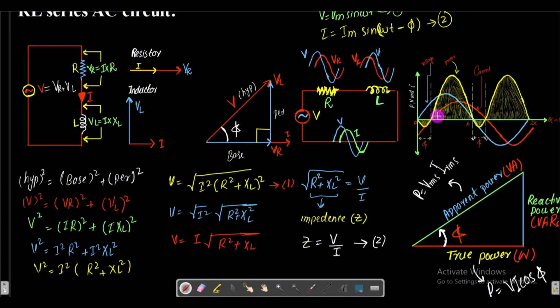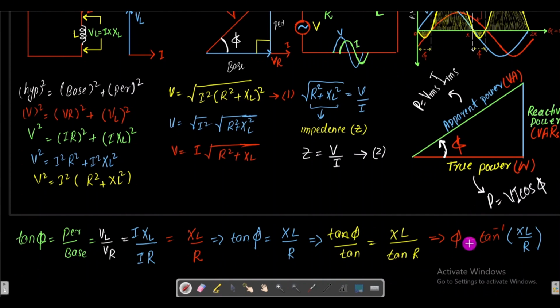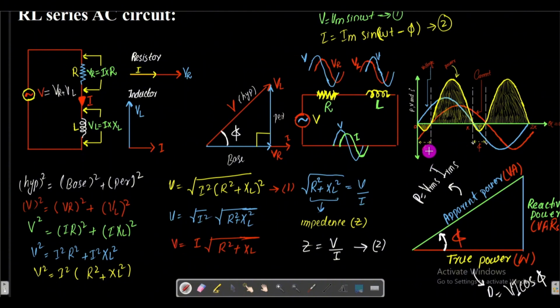By how many degrees this current will lag behind this voltage is given by this: phi is equal to tan inverse of XL by R. So the phase difference between this voltage and this current is this phi, and here is that same phi. At each and every position that phi will be the same.